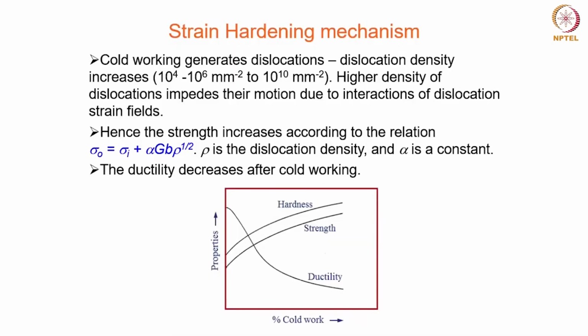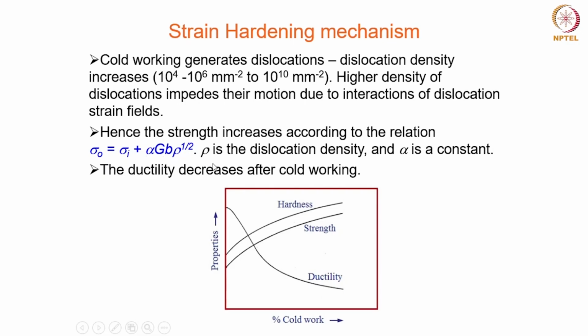So today we are going to discuss the mechanisms as to what exactly happens due to the cold working, which ultimately leads to the increment in the strength. So it's all about interaction between the dislocations. It is dislocation interactions which lead to the increment in the strength in this particular phenomenon.